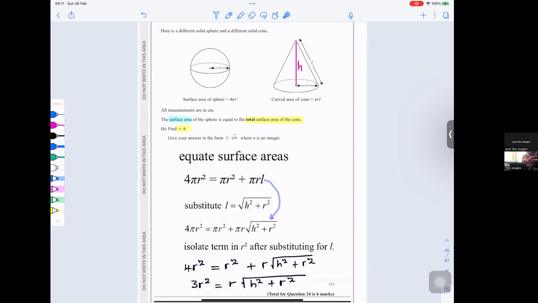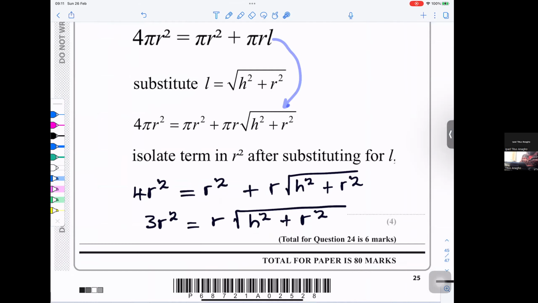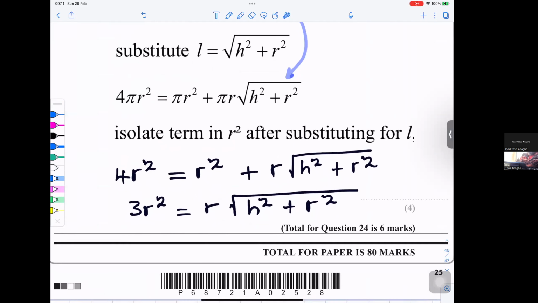Now, what do we want to do? We want to isolate the term in R squared after we substitute for L. So we start to simplify. We can cross out the pi's. The pi has gone.